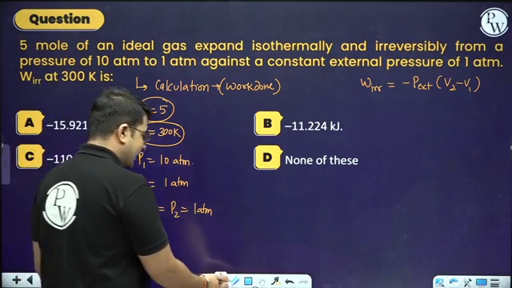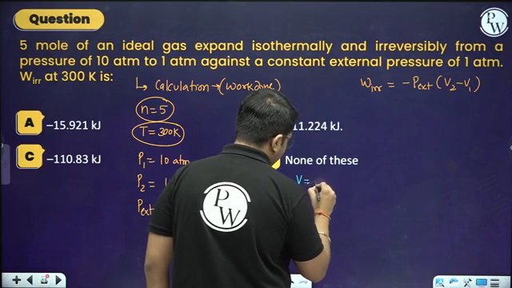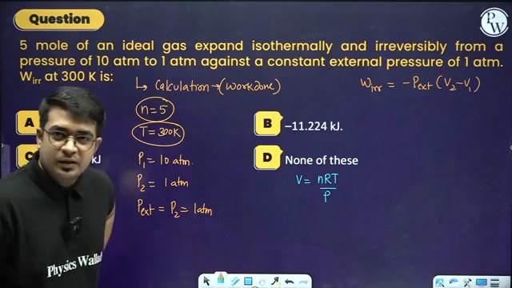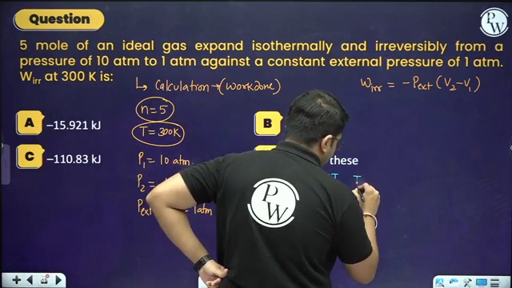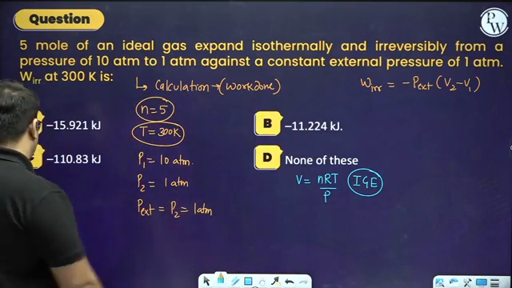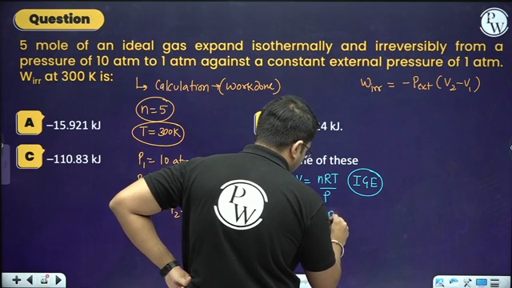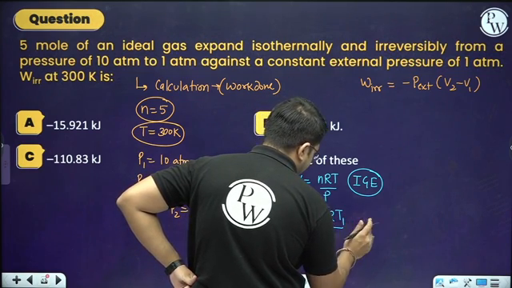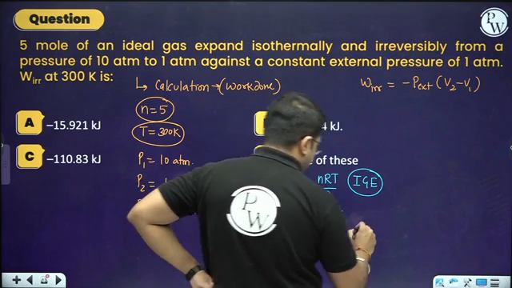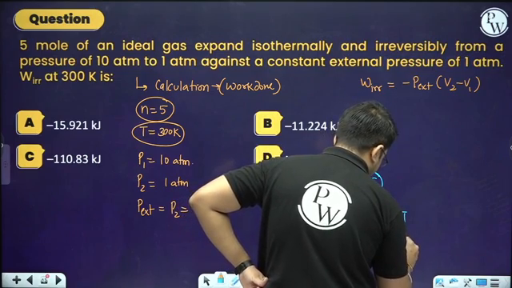Yes, if you can apply the ideal gas equation, you know that V will be equal to nRT by P. That is the first part, using the ideal gas equation. If that's true, then I can say that V1 will be equal to nRT by P1, because everything is constant, and V2 will be nRT by P2.